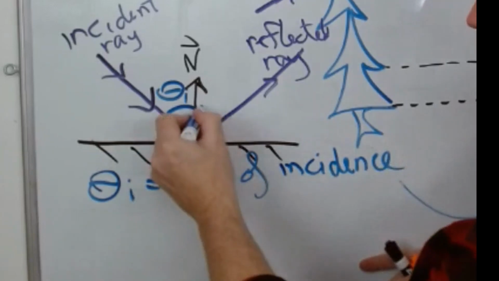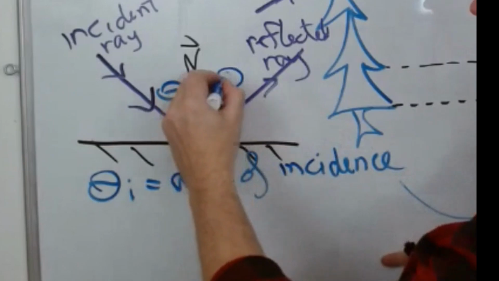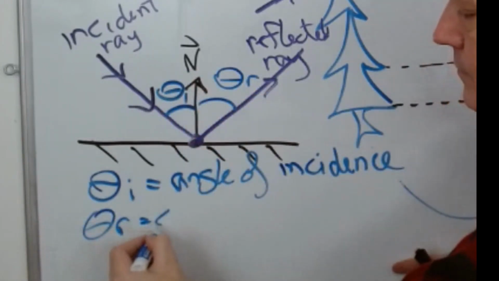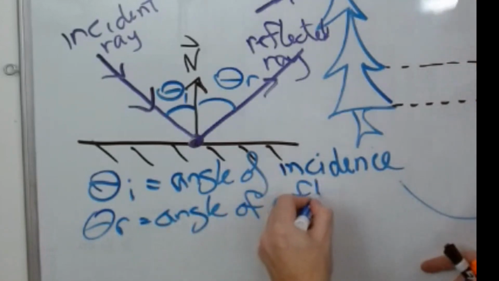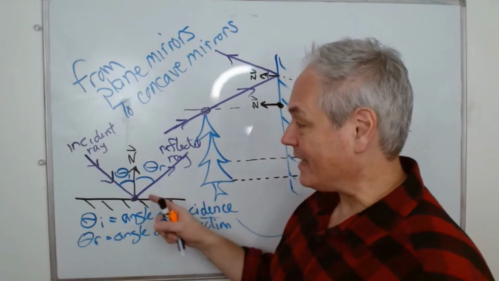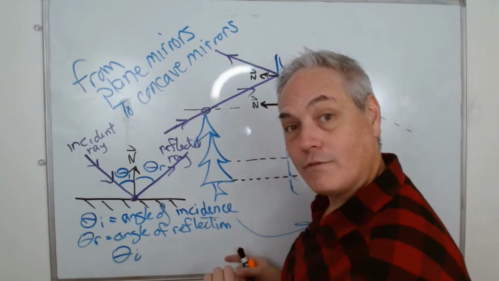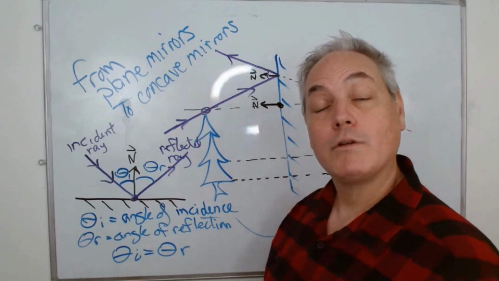We also have the angle of reflection, with a little r like this. And interestingly enough, in the laws of reflection, the angle of incidence equals the angle of reflection.